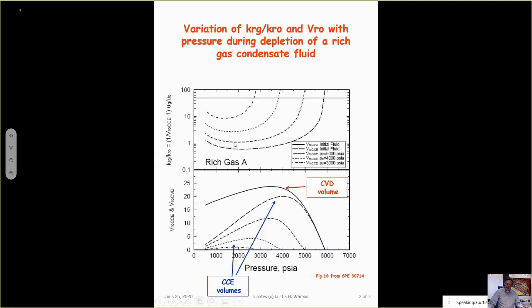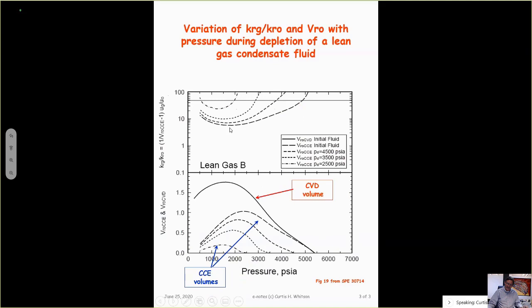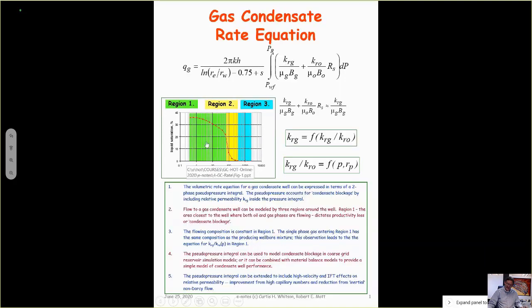And then we look at the pressures in region 1, typically between 1,000 and 2,000 psi, and that gives us the range of expected KGKO throughout the life of the well. So for rich gas, here it's going from about 1 to about 20, and for a lean gas, it's going from about 8 to maybe 50. Okay, so that's that.